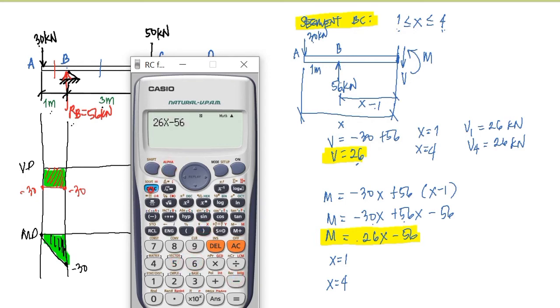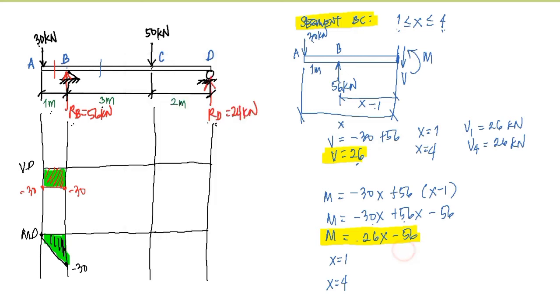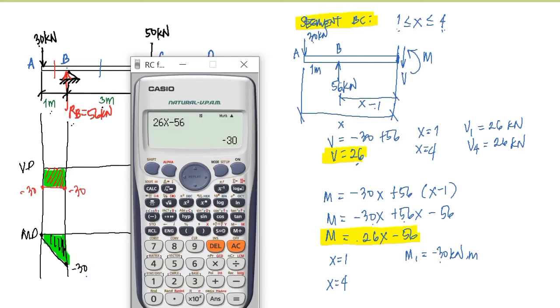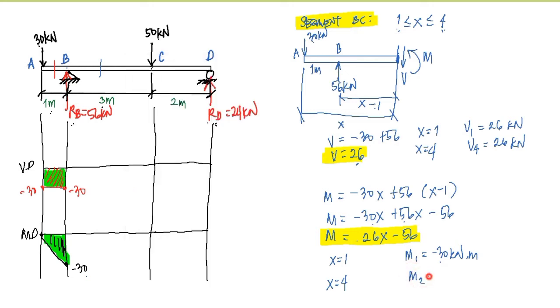At x is equal to 1, so calc 1, and we have here negative 30. So the moment at 1 is equal to negative 30 kilonewton meter. To check, the previous answer that we have, that's negative 30, and it is correct. And the moment at 4, so what we do here is to calc 4, and we have 48. So the moment at 4 is equal to 48 kilonewton meter.